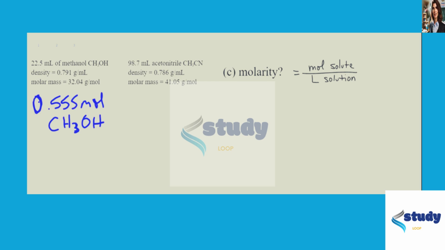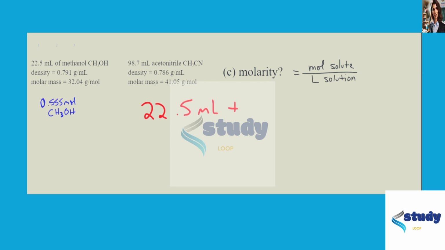What that means is that when I mix the 22.5 milliliters of methanol with the 98.7 milliliters of acetonitrile, these are going to add up. So 22.5 milliliters plus 98.7 milliliters, that's the total volume, is equal to 121.2.